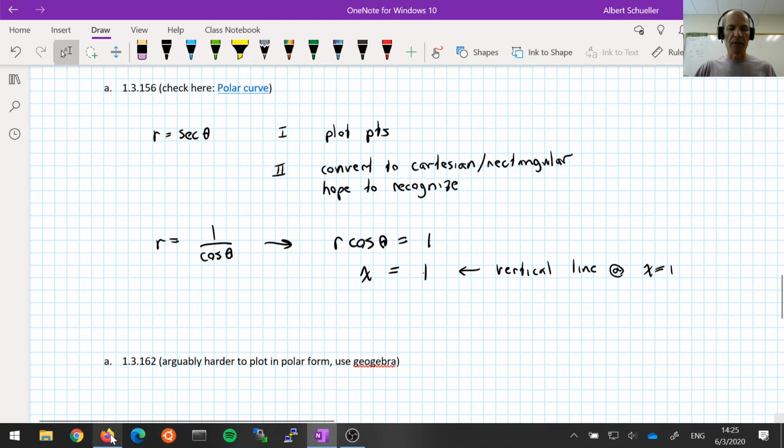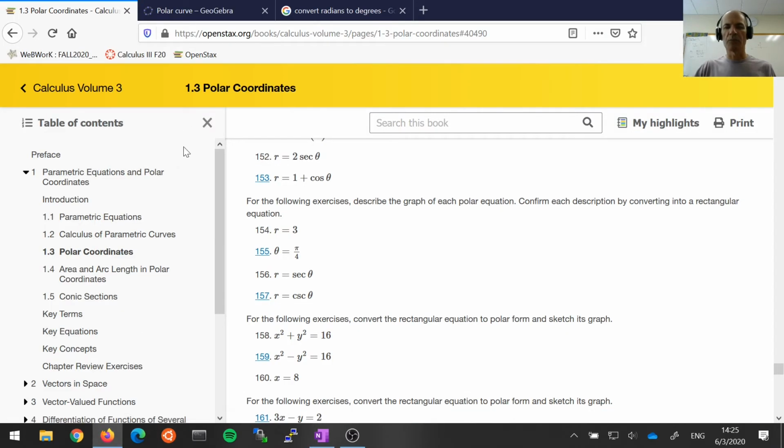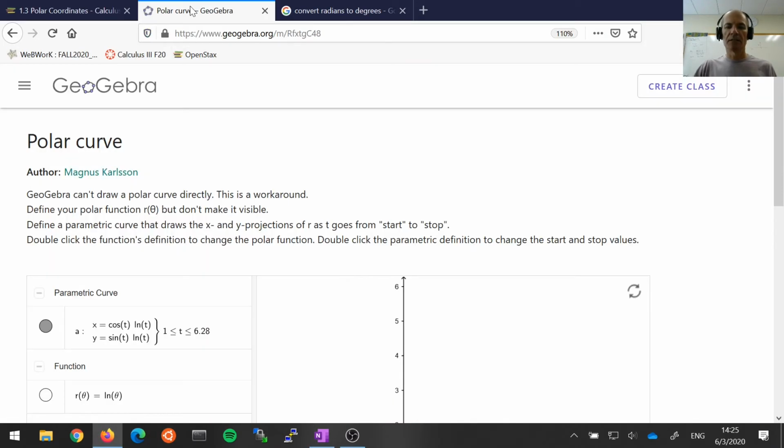Let me show you that, because it can be really helpful if you're stuck on a problem to get a glimpse at the solution. One of the things I like about Geogebra, in line with my philosophy in general, is I try to use tools that are freely accessible to everyone. Geogebra is a free software package. And another thing that I like about it is people are able to make little Geogebra applications and share them with people.